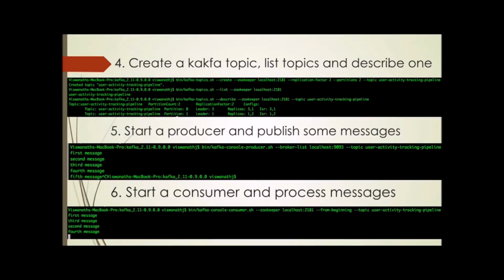Then you just write some messages, keep pressing enter, and keep sending. At the same time, if you start the console consumer, you can see the messages appearing in real time. You're going to see this in action.